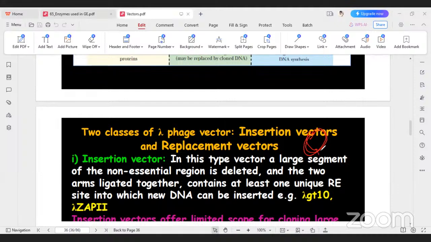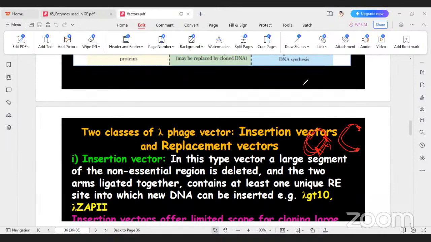For example, this region is not wanted, a toxic region or some unnecessary region. You cut here, and these two ends are inserted with the desired gene.